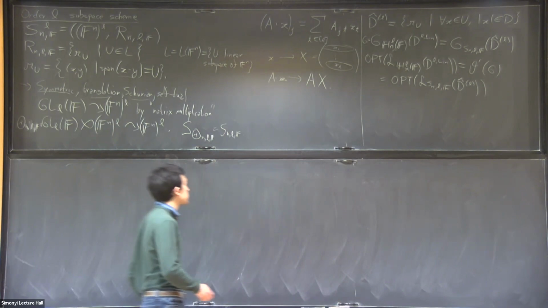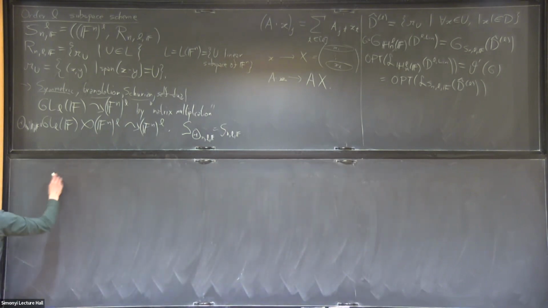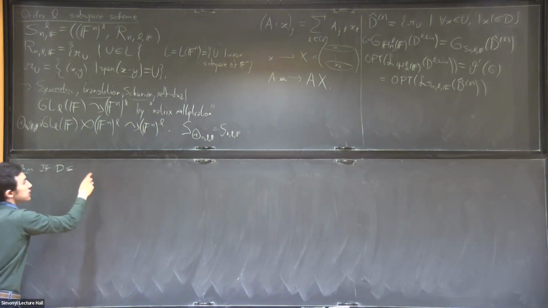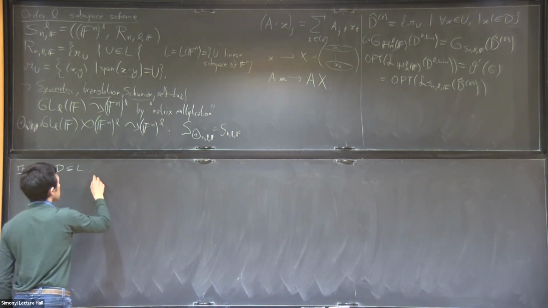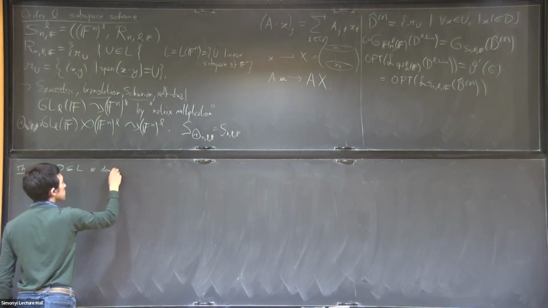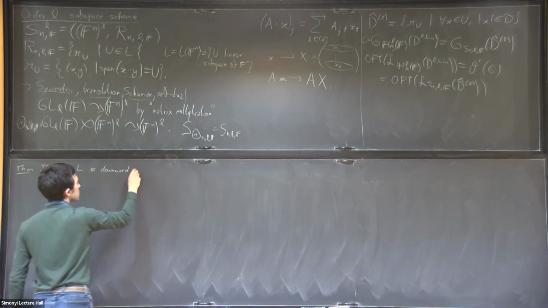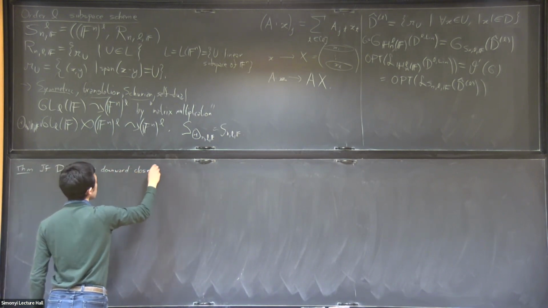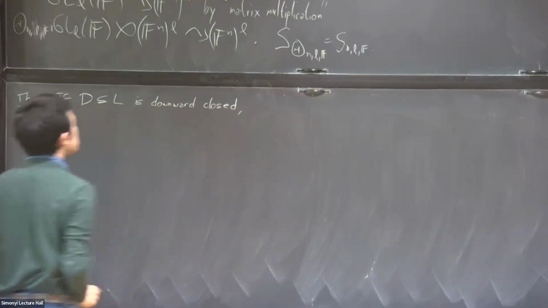So let me perhaps even state this. What we're going to show is that if D is contained in L, I guess you need it to be downward closed. I don't remember where I use this, but I do use this.